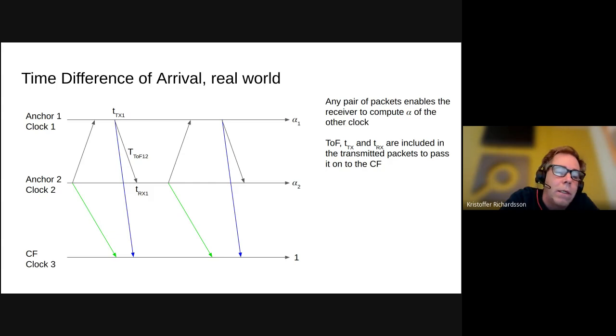That means that it can also recover the clocks from both anchors, which is needed to calculate the TDOA. The time of flight between anchors is also included in the packets that are transmitted. So the Crazyflie gets the time of flight between anchors from the anchors.